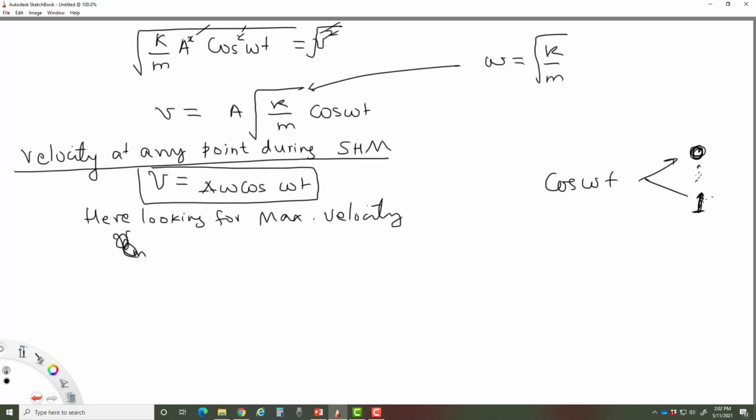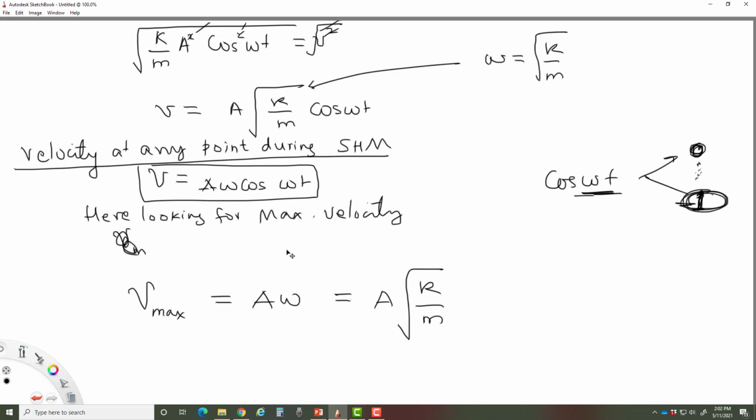If cosine omega t is 1, then that is the maximum value. So v max would be A omega. Again, omega is square root of k over m.